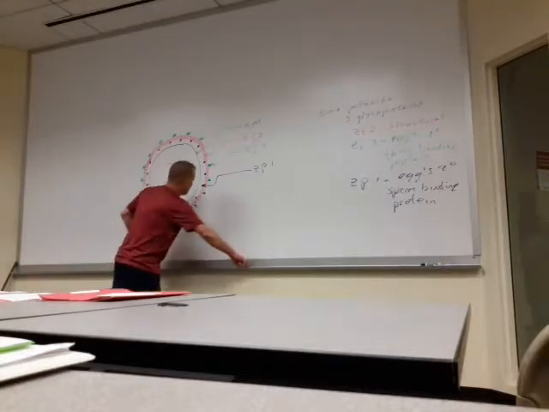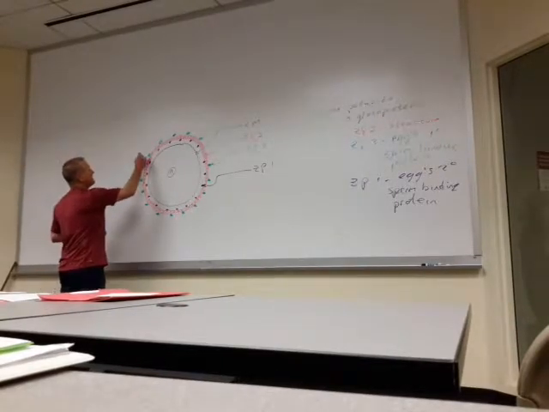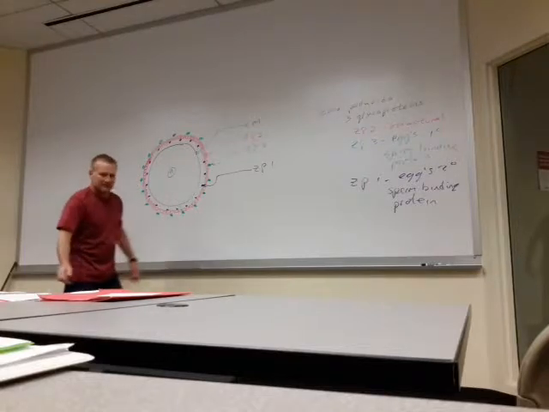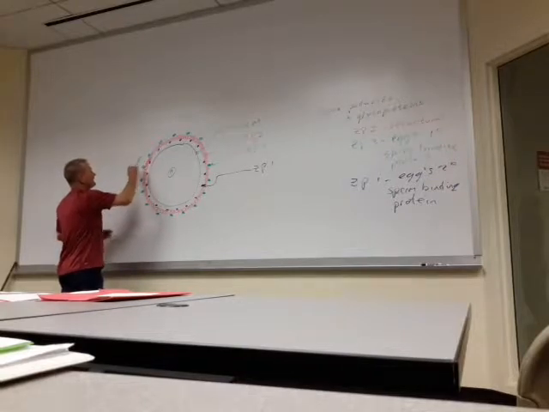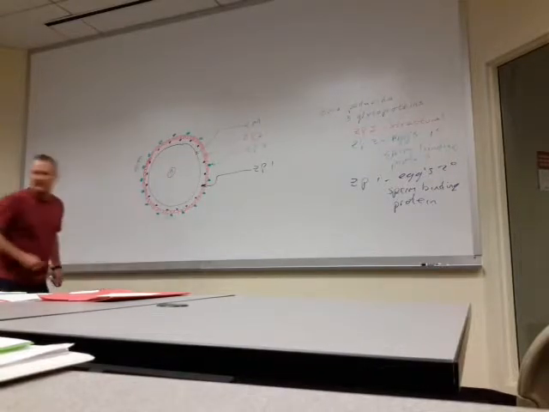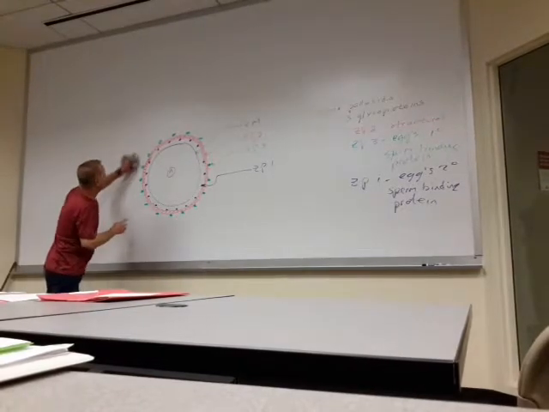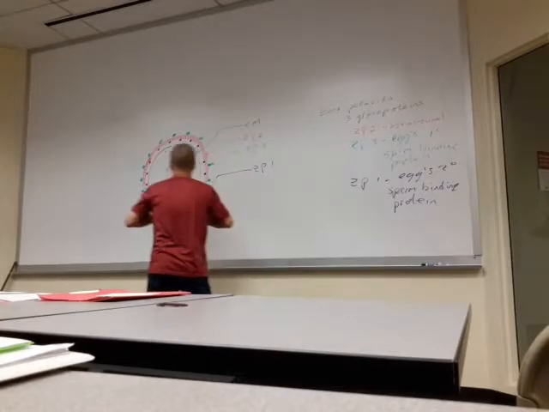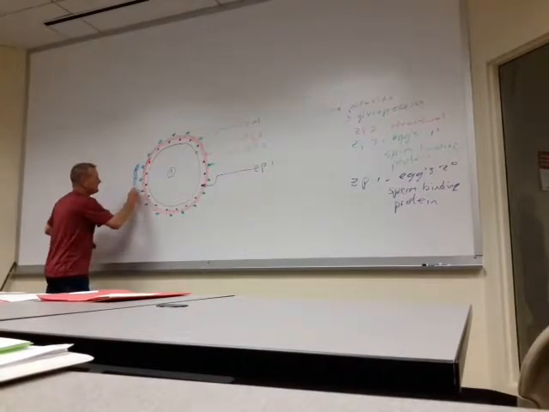Outside of the zona pellucida, there's another layer called the corona radiata. Worked well. I can tell that's one of those markers that's not going to erase very well. There we go.